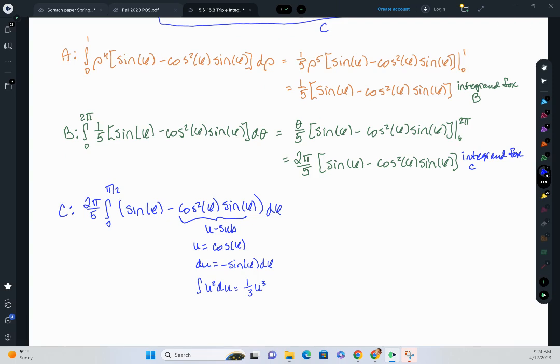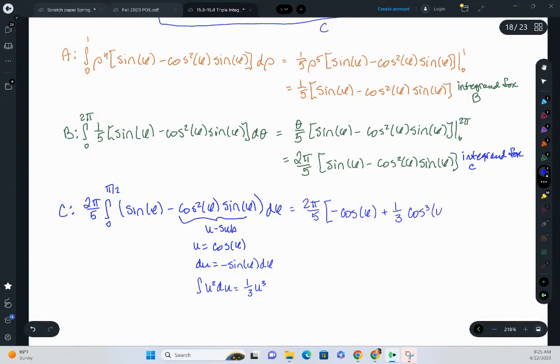Well, that's great. Okay, so we have our 2 pi over 5 still hanging out. Antiderivative of sine of phi is minus cosine of phi. And then we found the antiderivative of the second part will be a plus 1/3 cosine cubed of phi. This is going from 0 to pi halves.